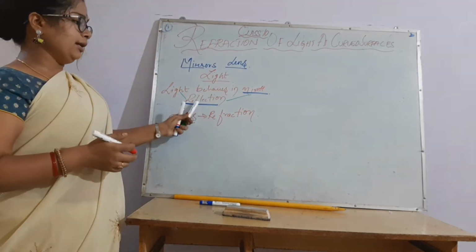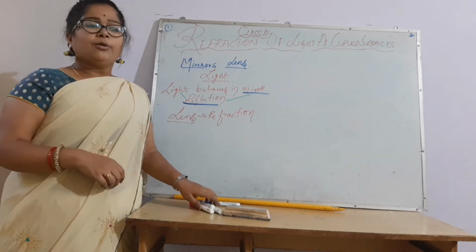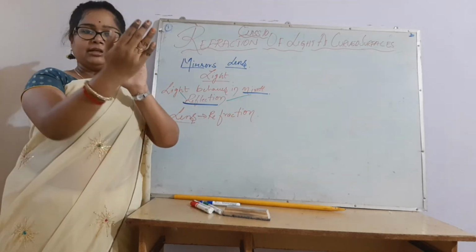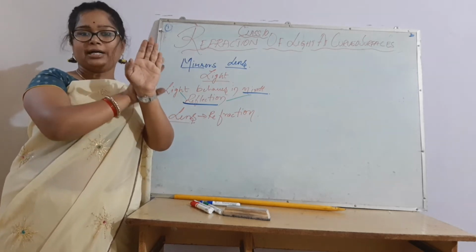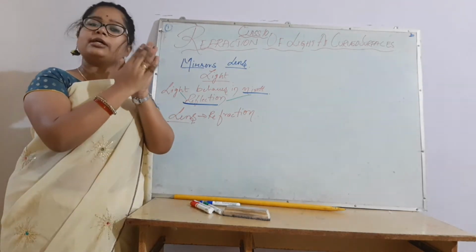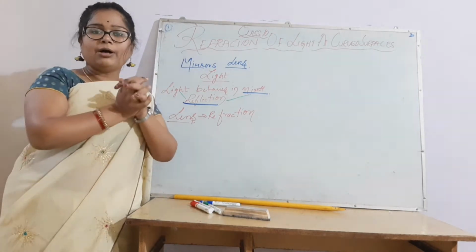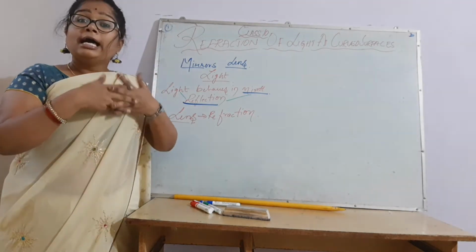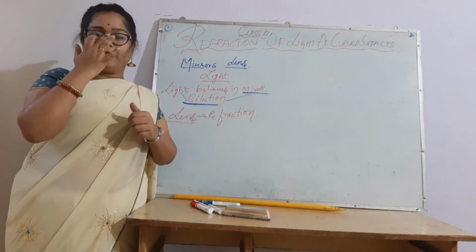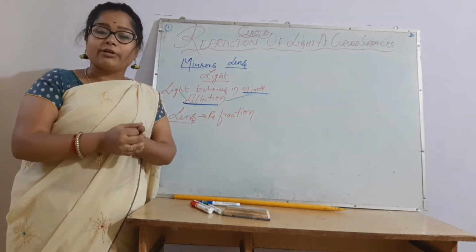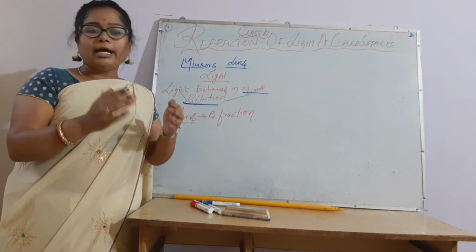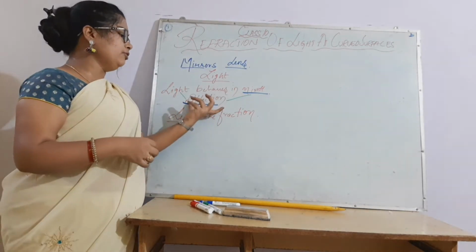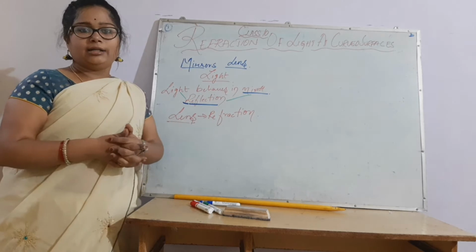You know what we mean by reflection. Reflection is when light hits a body through which light can't pass, an opaque object, and then it bounces back. Refraction is something different from reflection. In reflection, the light carries on in one medium, let it be air.